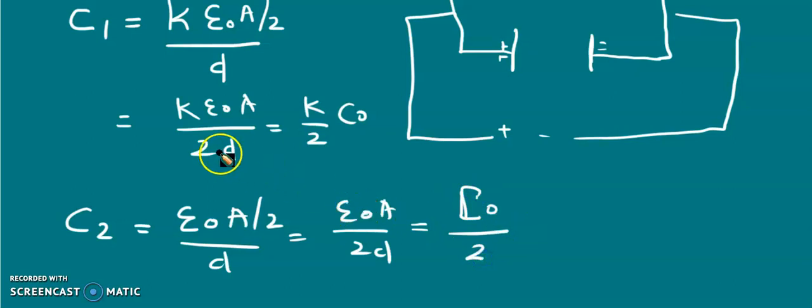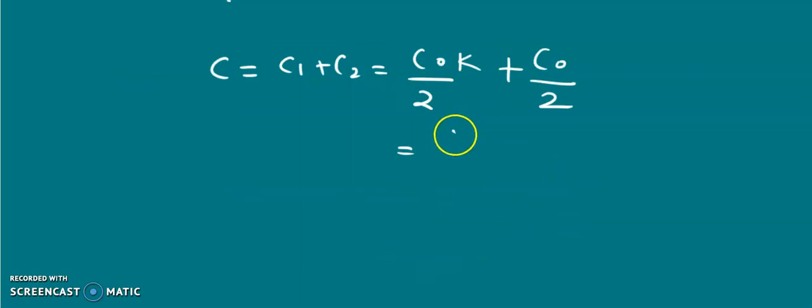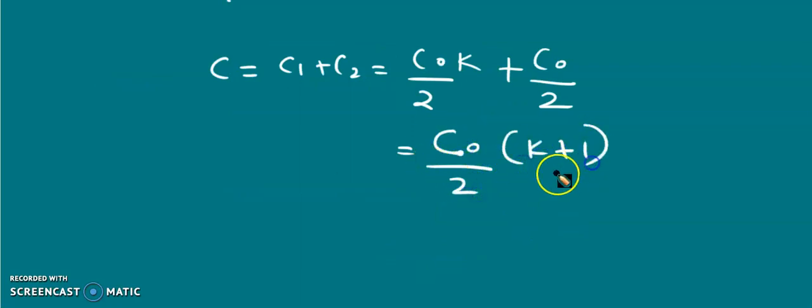Now the effective capacitance in the parallel combination is C1 plus C2, which is C0 by 2 into K plus C0 by 2. C0 by 2 is a common factor, so it is C0 by 2 into K plus 1.